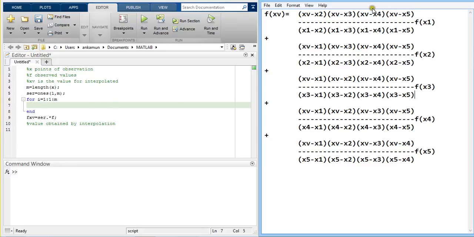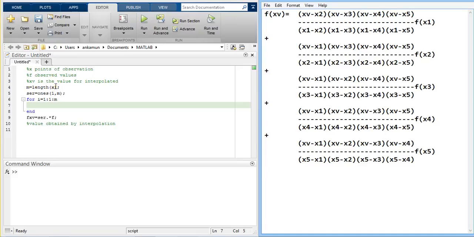Now let us look at the formula. In every term, you will find that we have calculated the differences between the values of x and divided them. Then we have multiplied this product with the value f. So here, line number 4, m is the number of elements in x.